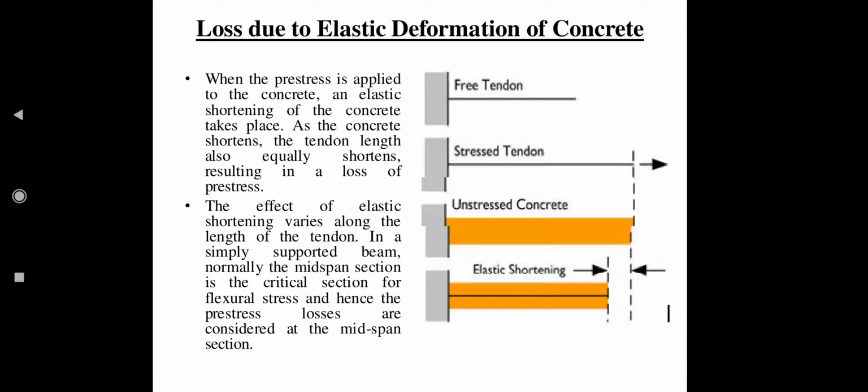In the second figure you can see the increase in the length of the tendon. After increasing the length of the tendon by applying the external force, and remember that the increase in length is within its elastic limit, both the ends, this end and this end, are anchored by using wedges.